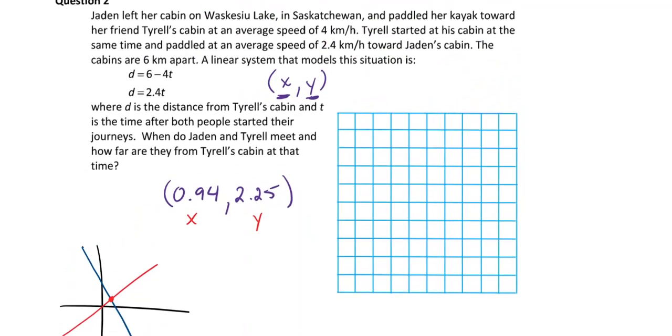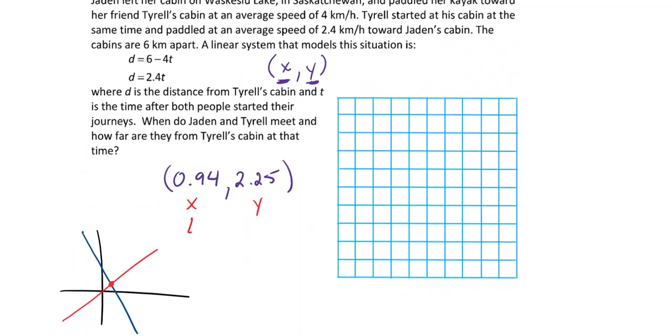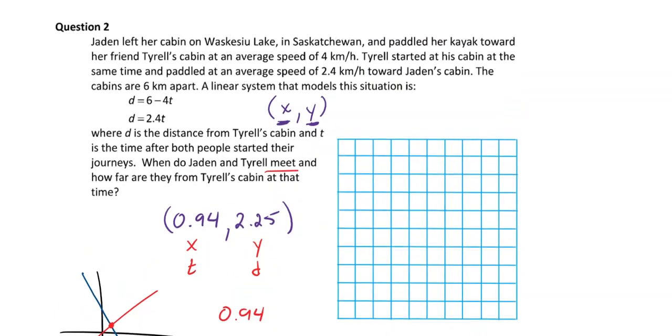But in the context of this question, this was really a t value, and this was really a d value, right? And they were wondering, when do Jaden and Tyrell meet? Okay, so they meet 0.94, and then whatever our units were, right? So it was in hours. This was kilometers per hour.